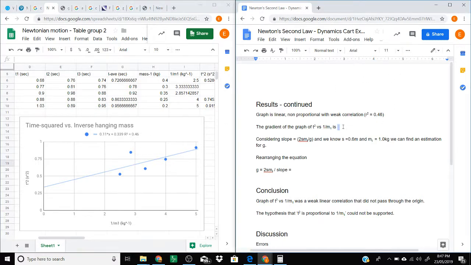So the slope is 0.11. I'm not going to bother with any more significant figures than that because there's not particularly good data at this point anyway. If you use a graphics calculator, you can get a better number of significant figures for the slope, but this will do for now.